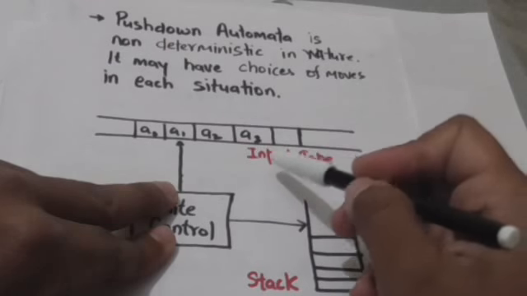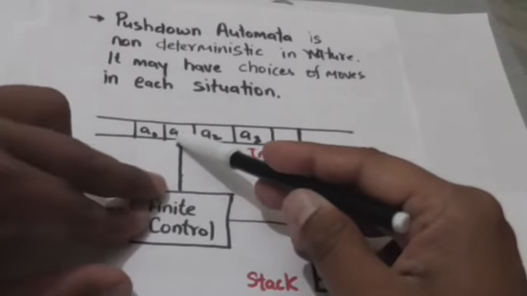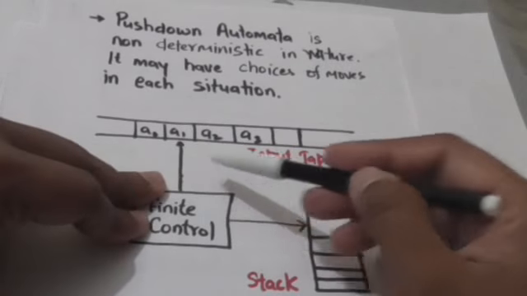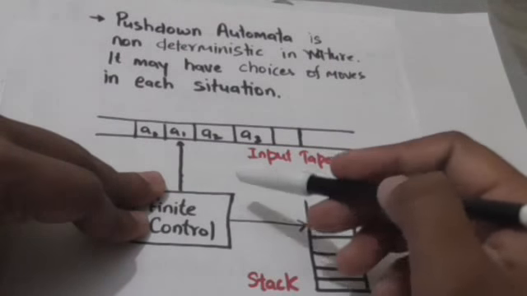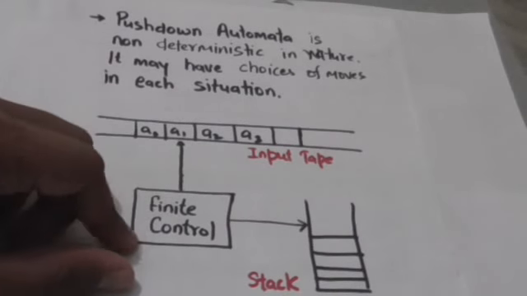So such types of moves in which pushdown automata doesn't read input symbols from the input tape are called empty moves.